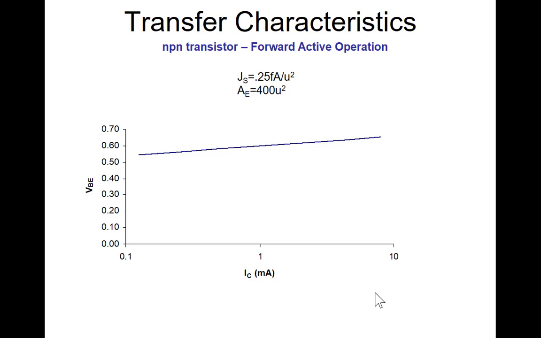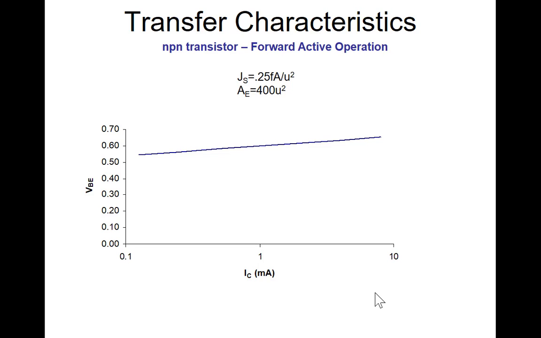Here's a plot of the collector current versus the base emitter voltage for JS of 0.25 femtoamps per square micron and an emitter area of 400 square microns. We observe that as VBE goes from about 0.55 to about 0.58, the collector current varies by 2 orders of magnitude, due to the exponential relationship between the collector current and the base emitter voltage.